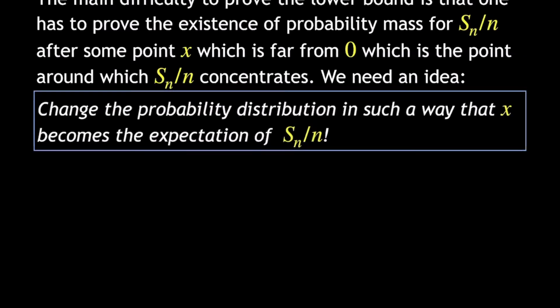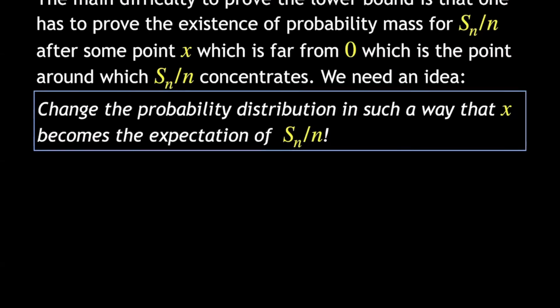And the idea of Cramér is to use a change of probability distribution, in order to put the mass around x instead of around 0.